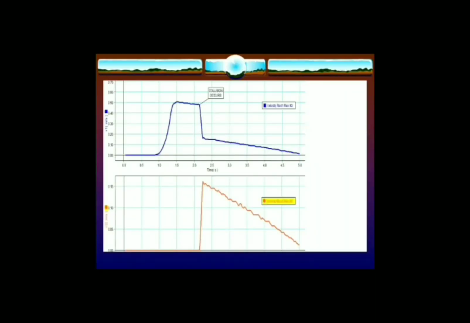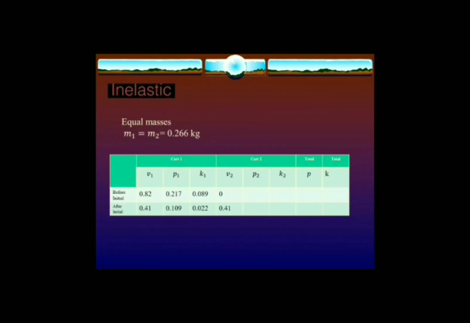Using the velocity versus time graph on the computer, find the velocity of the car just before and after the collision. Also, it might be helpful to expand the graph to see just the area you are interested in. For the first case, the masses of the cars are equal, and you must now complete the table.